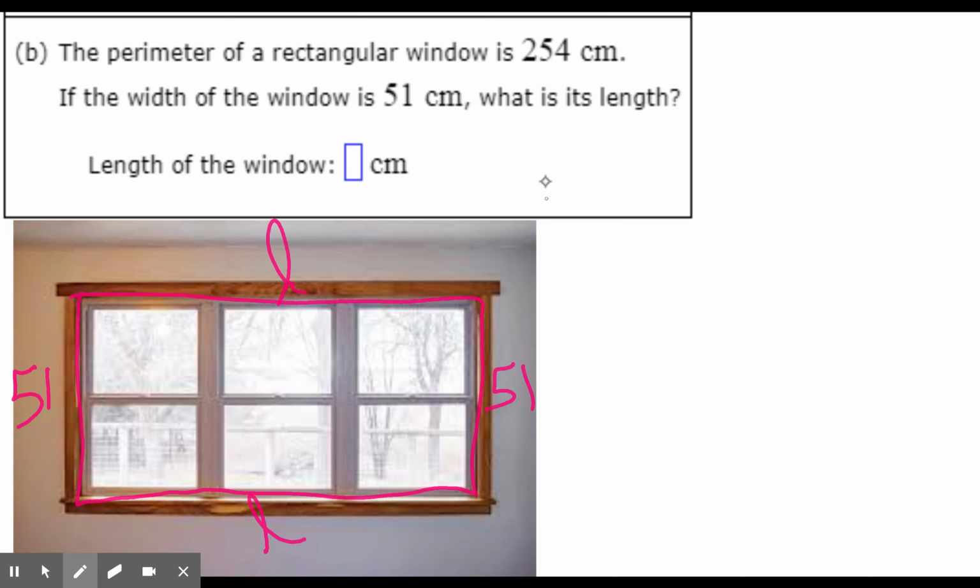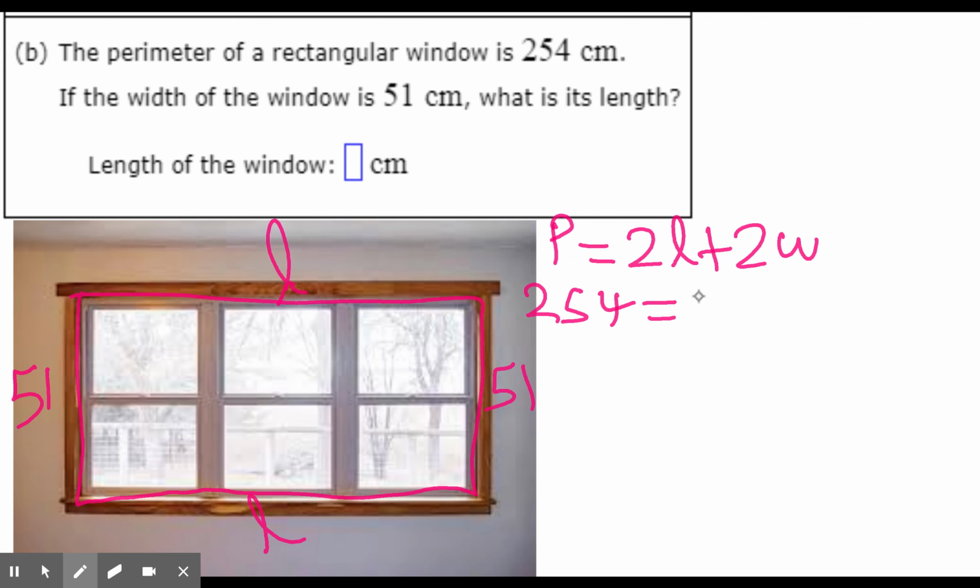So we know that the perimeter is equal to twice the length plus twice the width. So 254 is equal to twice the length, which is unknown, plus twice the width, which is known.